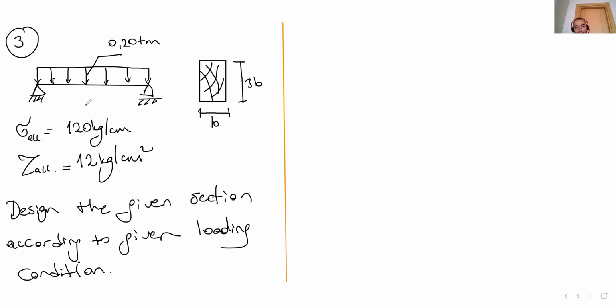After that, we will use all these internal forces in the section design. We have a uniform distributed load. We can draw the shear force and the moment diagrams for this member.